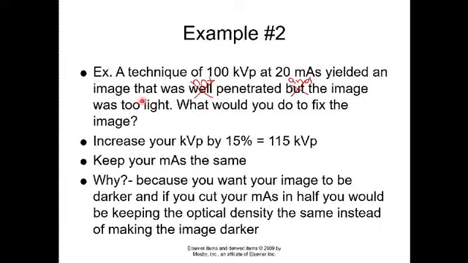Again, it's not well penetrated and the image is too light, so you would increase your kVp by 15% and keep your mAs the same. Why? Because you want your image to be darker, and if you cut your mAs in half, you would be keeping the optical density the same instead of making the image darker. I'll leave this up so that you can write it down correctly since I messed it up on the slide.